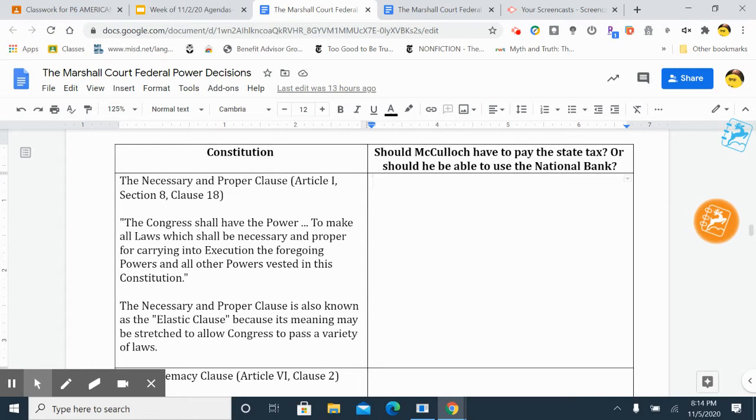So it makes sense that they could tax, and it makes sense that they should have to tax. So the question you're asking yourself here is: should the bank be able to be taxed by the states?